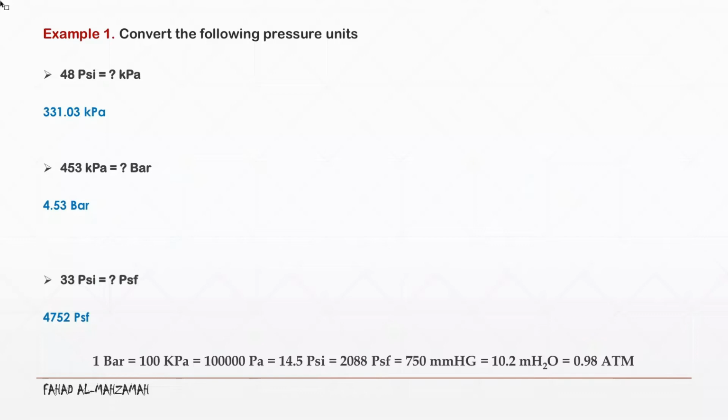It might have different words, but the meaning is the same. It's the conversion. The first one I will solve, and I will leave the rest for you to practice. The first one says convert 48 psi into kilopascal.